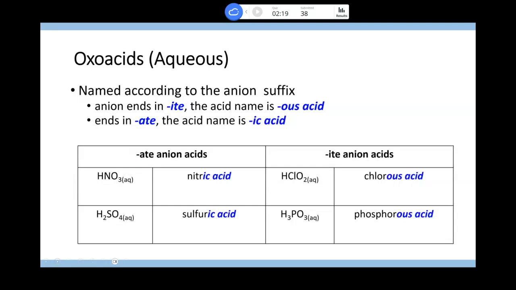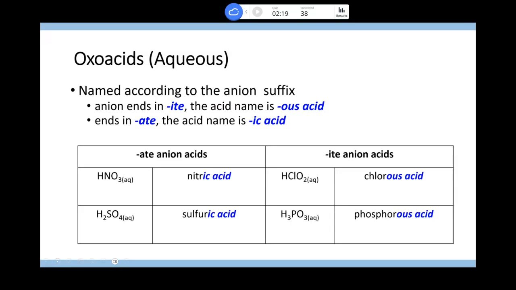So the name that we use for the acidic version of these polyatomic ions are based on the name of the polyatomic ion. So HNO3, we have a nitrate ion with hydrogen. When the end of the polyatomic ion is ate, then we have ic as the end. So instead of nitrate with a hydrogen, that's nitric acid.